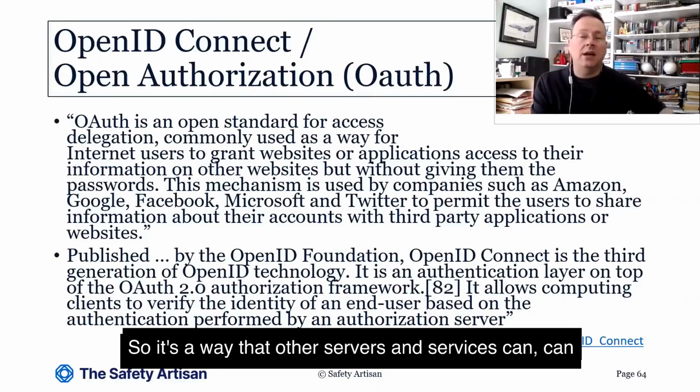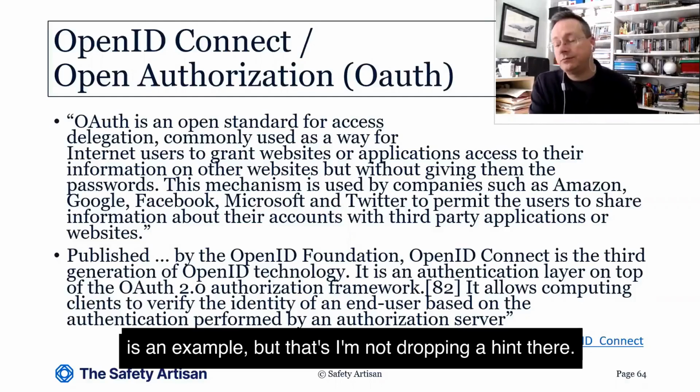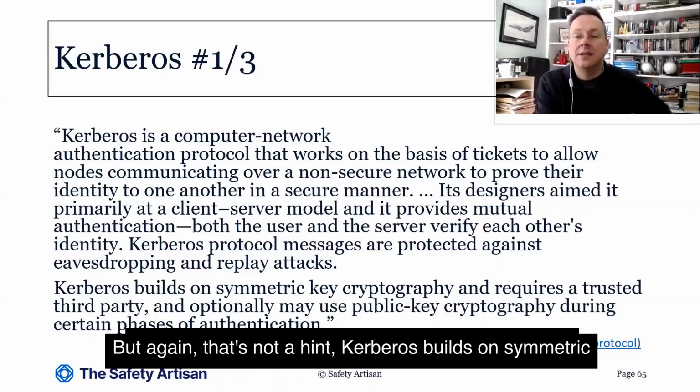So it's a way that other servers and services can use a third-party authorization server, of which Kerberos is an example. But I'm not dropping a hint there again. Sounds like a good exam question to me, but again, that's not a hint.